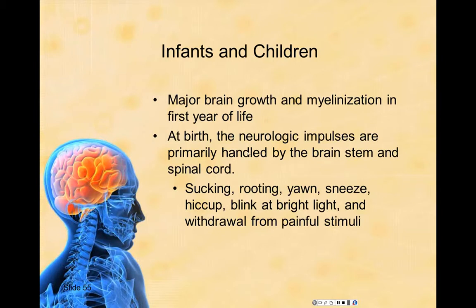At birth, the neurological impulses are primarily handled by the brain stem and spinal cord. They're basic impulses such as sucking, rooting, yawning, sneezing, hiccuping, blinking at bright lights, and withdrawing from painful stimuli at birth.